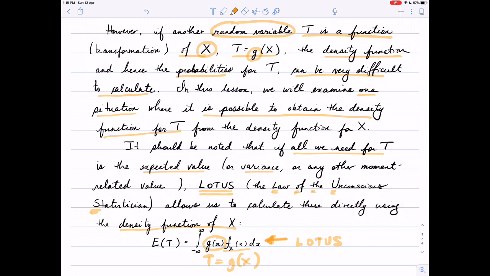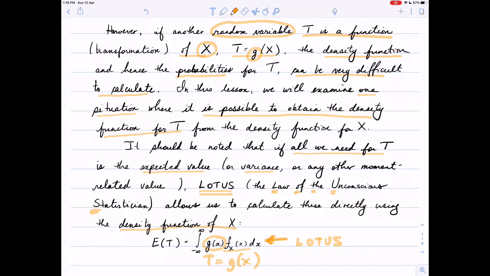Why unconscious? Because this seems like a perfectly reasonable thing to do. Well, it is kind of reasonable, but it is quite a deep theorem, and you might not realize that you can't calculate probabilities for t using the density of x.